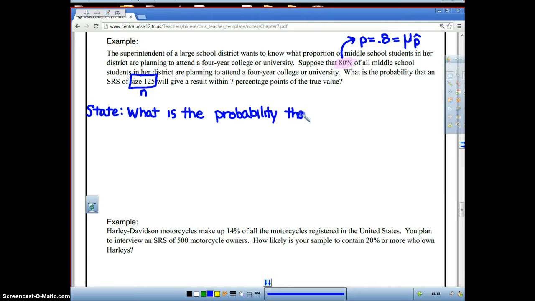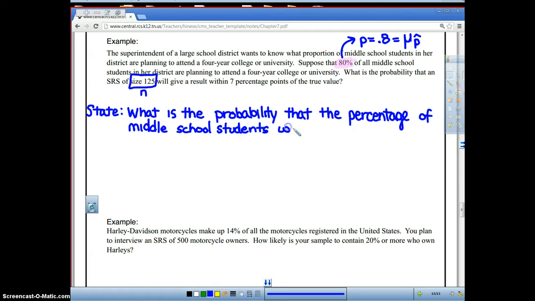that the percentage of middle school students who plan to attend a 4-year college or university is between, and we said 7 percentage points.